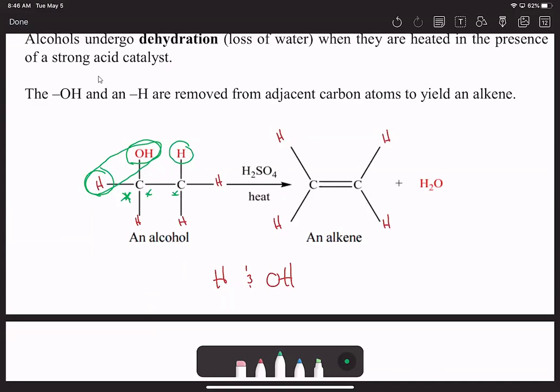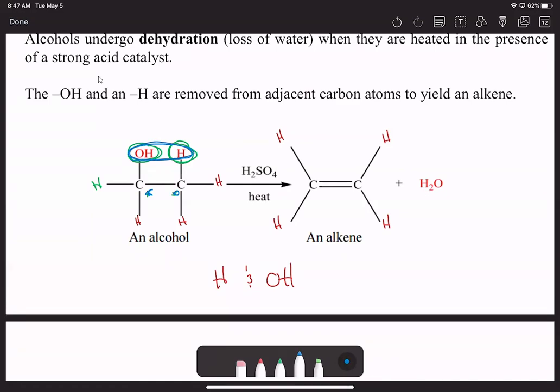So what we're going to do is, in order for this reaction to work, we're going to remove this hydrogen and this hydroxy group. So it's 1 on each carbon. We're going to remove a group from this carbon. We're going to remove a group from this carbon. And this is where we're going to get our water from.